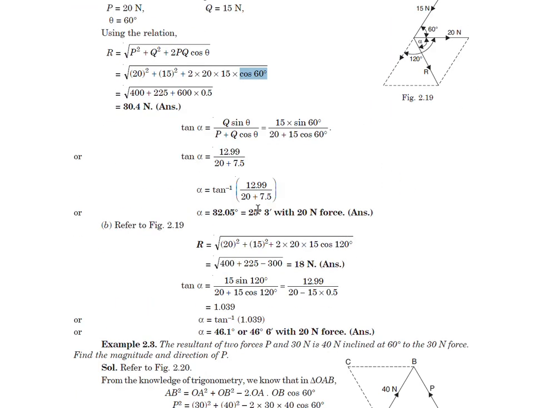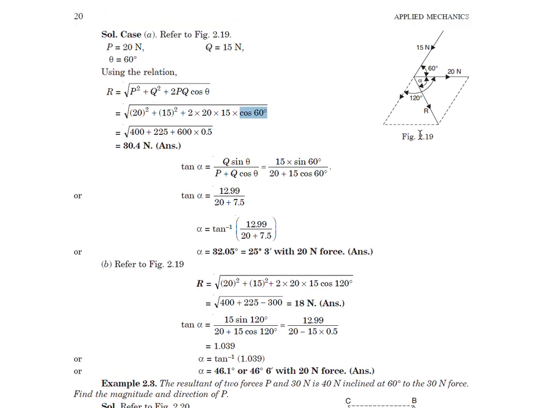2.2, second part. So this angle now becomes 120 degrees. So this is the resultant. That means 20 square plus 15 square plus 2 into 20 into 15 cos 120, and this is the tan alpha, which is the angle with the horizontal.